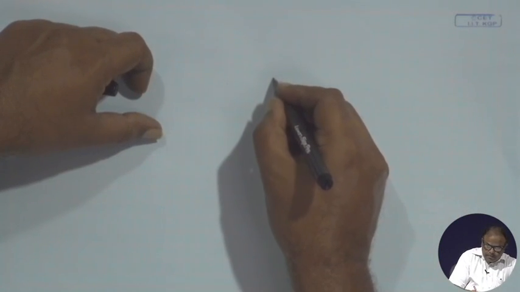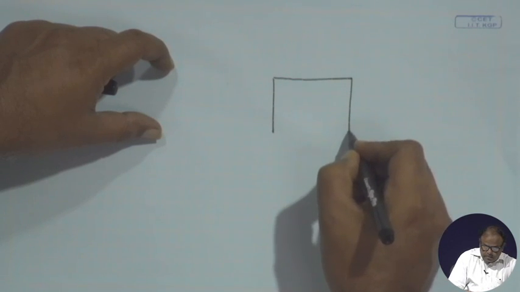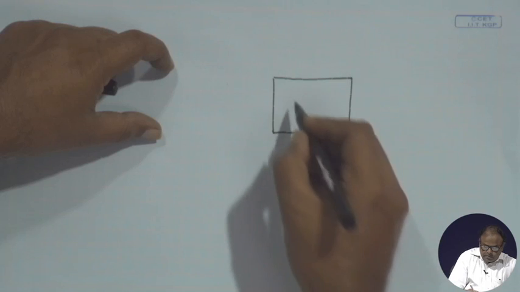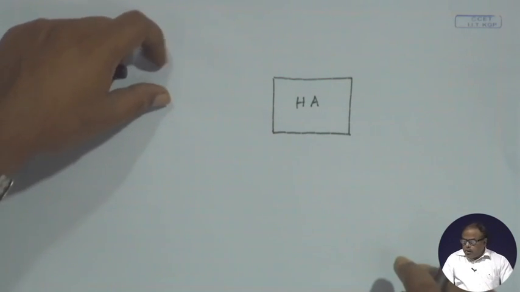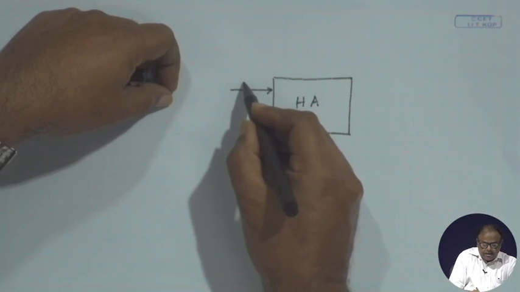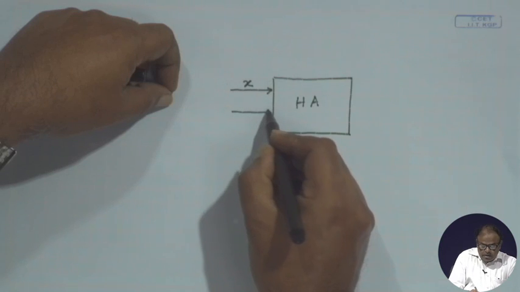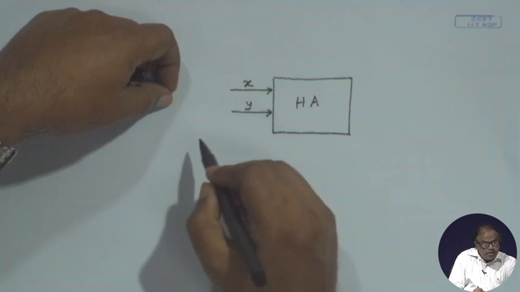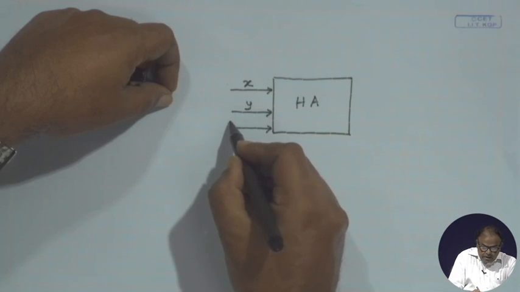Now, let us say I want to design a half adder. What will be the inputs of the half adder? Say X, one bit, Y is another bit, and maybe I will put in an enable signal.